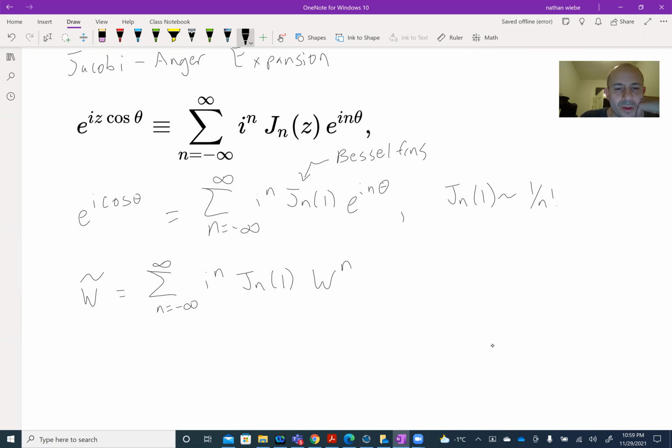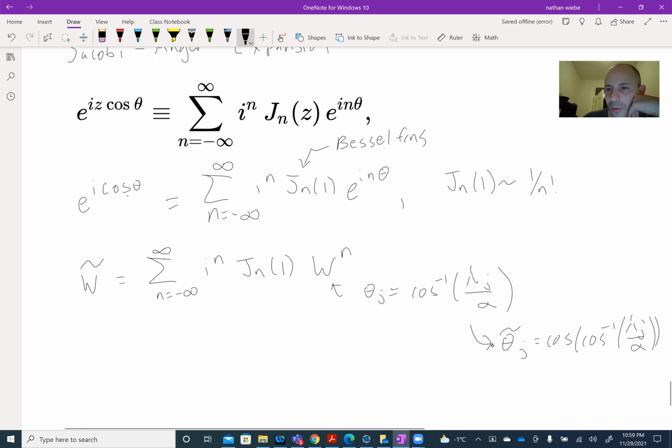All right. So this ends up giving us our eigenvalues. As mentioned, the values of theta, theta sub j, are equal to the arc cosine of lambda j over alpha. When we take the cosine of these, they get mapped to the corresponding eigenvalues for W tilde, which will be equal to the cosine of the arc cosine of lambda j over alpha, which gives us the correct result.